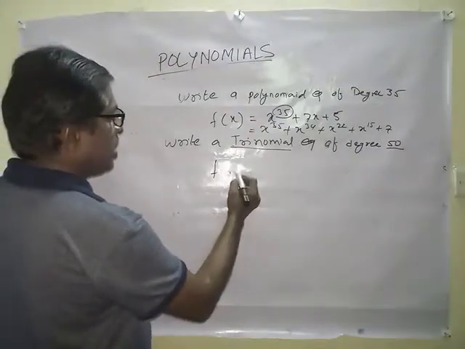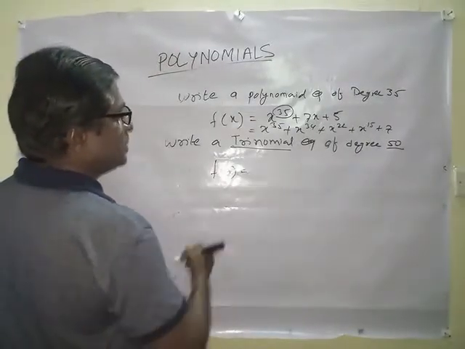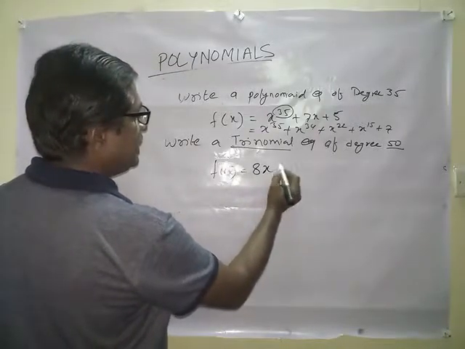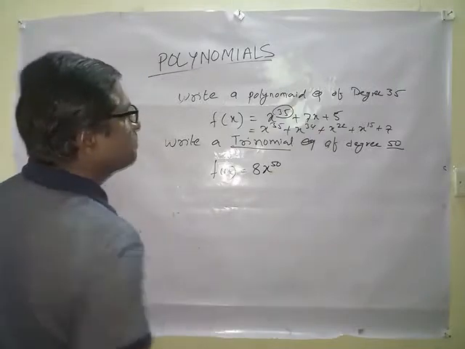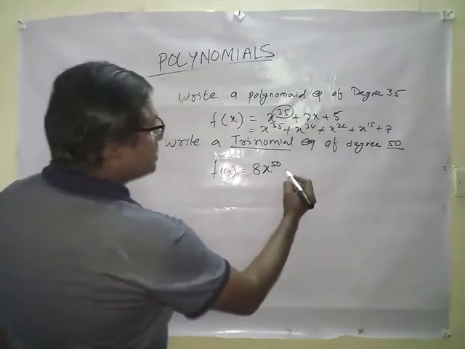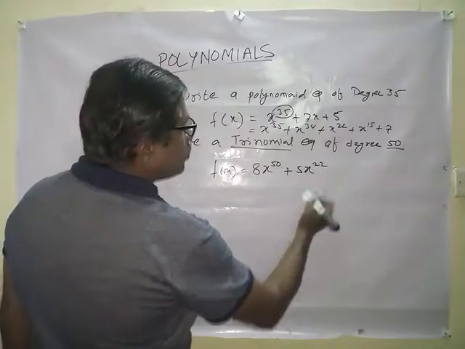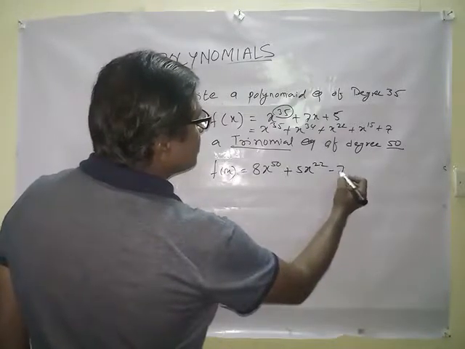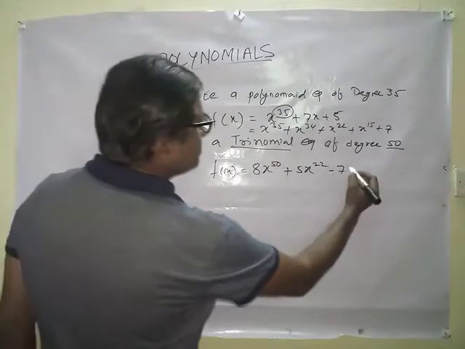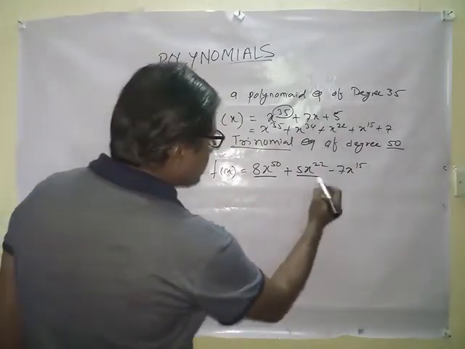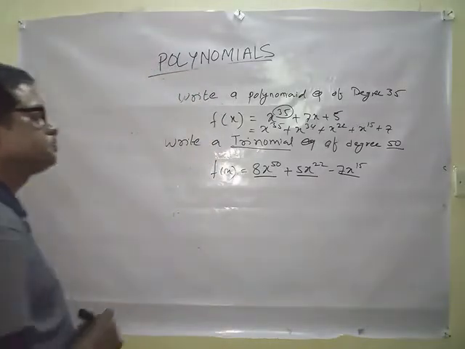So write down f(x). First term, anything, it is up to you, 8x raised to power 50. Second term you can write 5x raised to power 22 minus 7, anything, or 7x raised to power 15. But make sure it has only 3 terms.